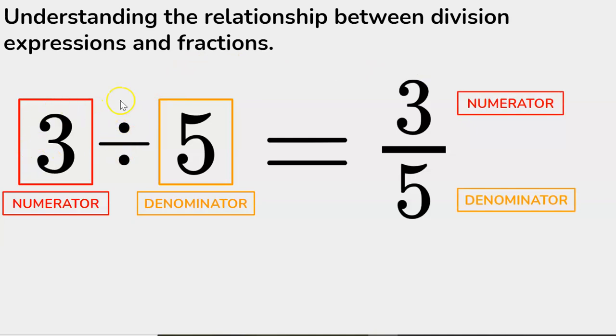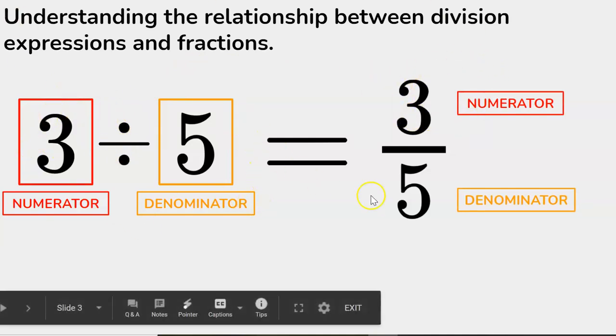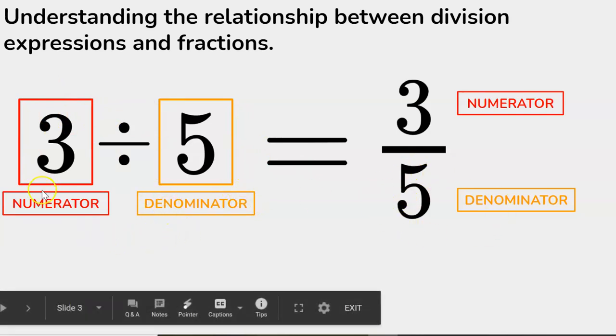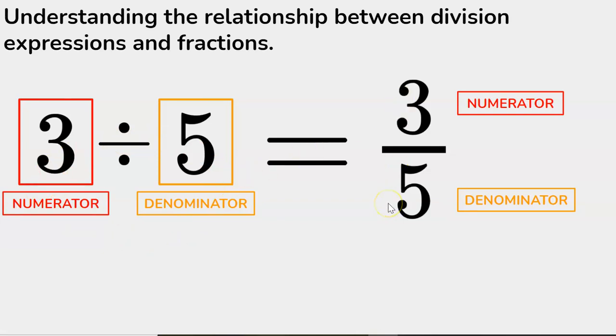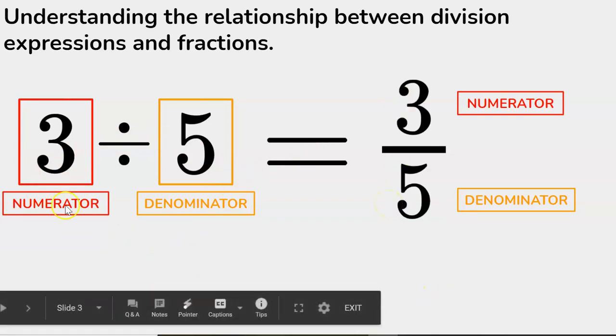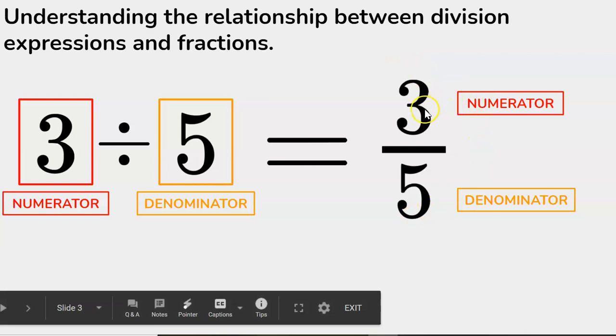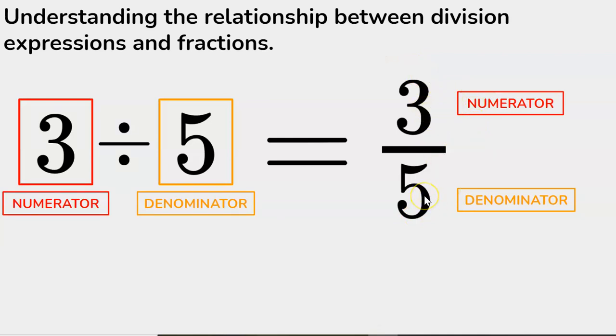Our numerator is our first number, and our denominator is our second number. In math, we read from left to right and top to bottom, just like when we're reading. So 3 divided by 5 can be written as 3/5. We could even read a fraction as 3 divided by 5.